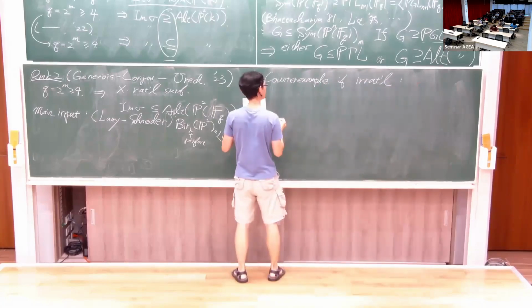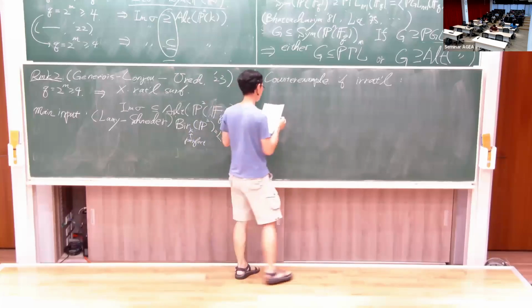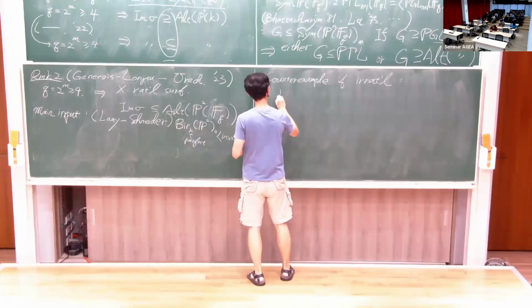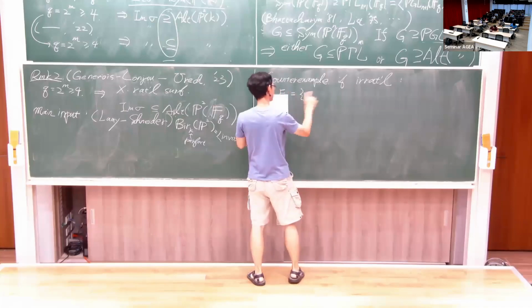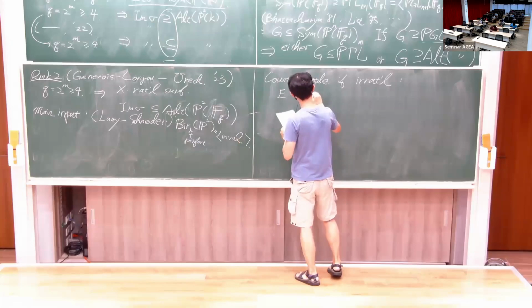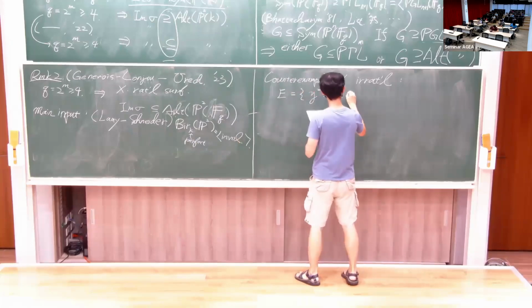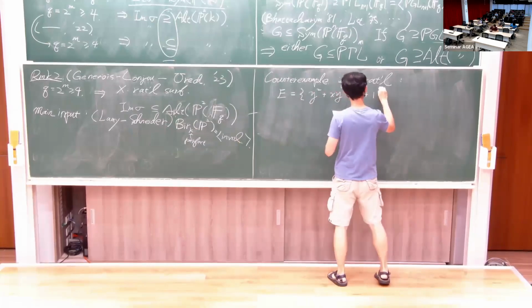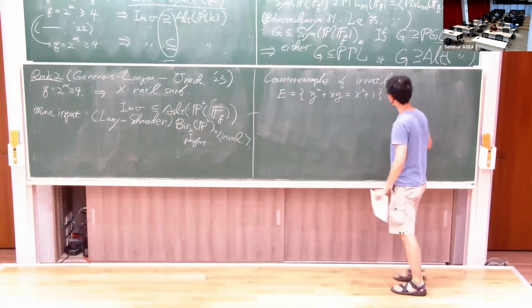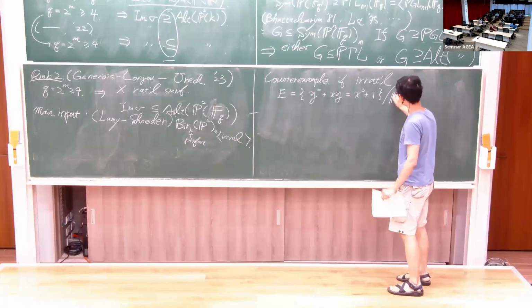Okay, so to produce this counterexample, we need to start with an elliptic curve. So let's start with an elliptic curve E defined by this Weierstrass equation y squared plus xy equals x cubed plus 1. And I want to consider this elliptic curve to be defined over F4.